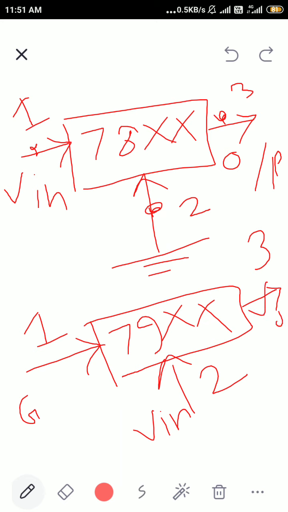So pin 1 is ground, pin 2 is input and pin 3 is output. This is the reverse of 78XX.